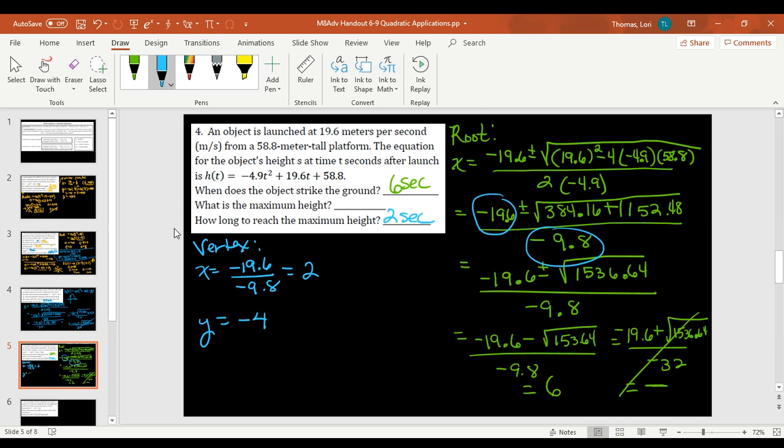And now let's see how high this baby gets. We're going to plug it in to our function. 19.6 times 2 plus 58.8, and we let the calculator do the work, but we input it very carefully.